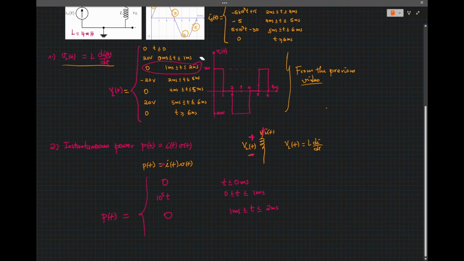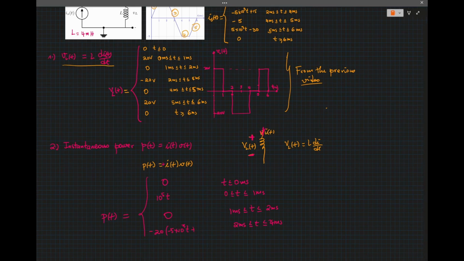And then from 2 milliseconds to 4 milliseconds, what do we have? We have negative 20 that multiplies negative 5 times 10 to the 3 t plus 15.